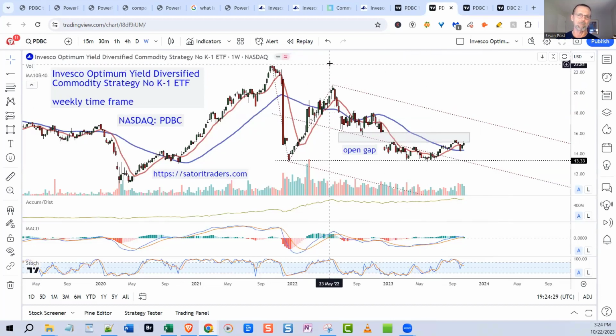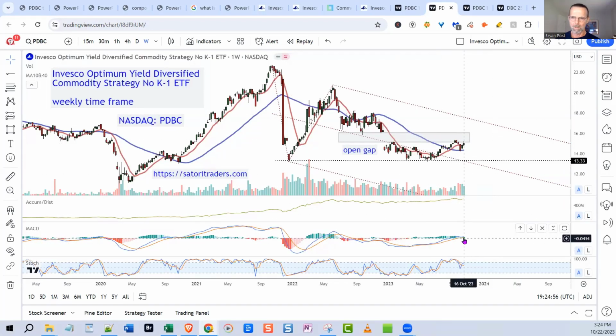Because of the turmoil in financial markets in general over the last year or so, I suspect some investors have been diversifying their exposure to stocks and bonds, and so moving into commodities. And so this might be an ETF that you would choose if you were looking for exposure to commodities.